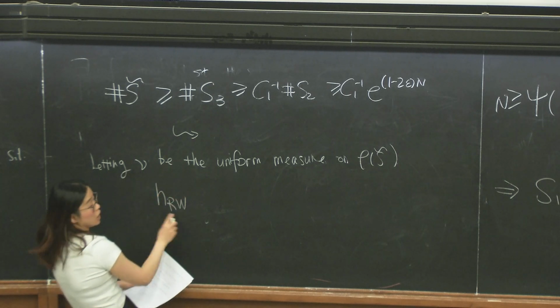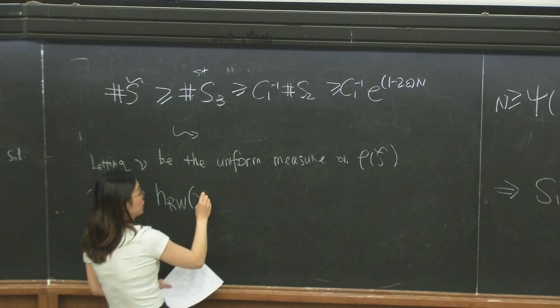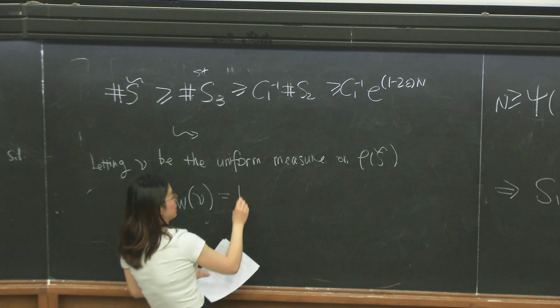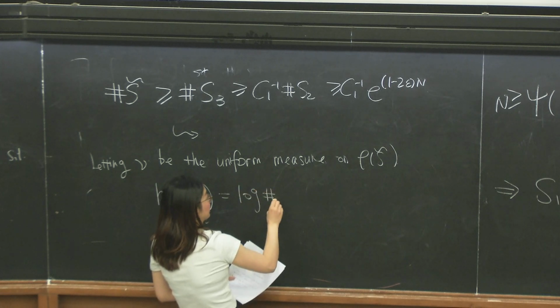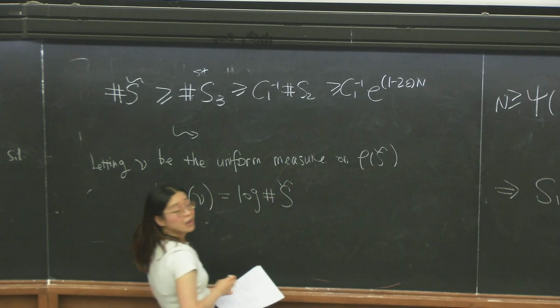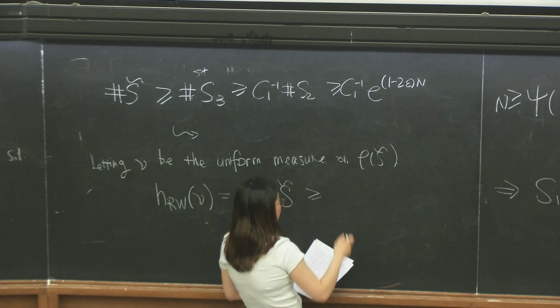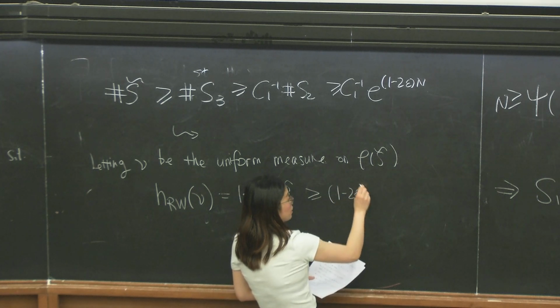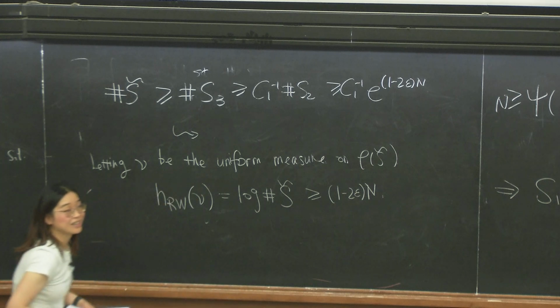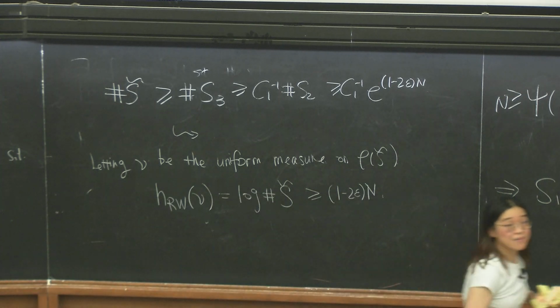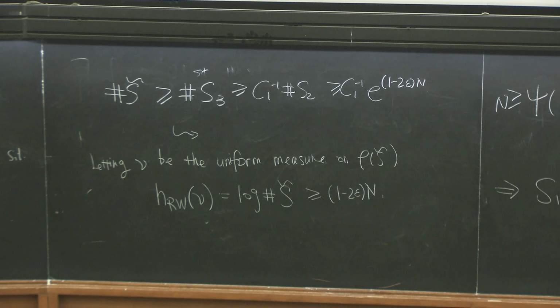To compute the random walk entropy of this uniform measure, I know that it just equals the cardinality of this S tilde, which is greater or equal than this e to the 1 minus 2 epsilon over n. So this is the first estimate, and also this is the first part of this equation 3.